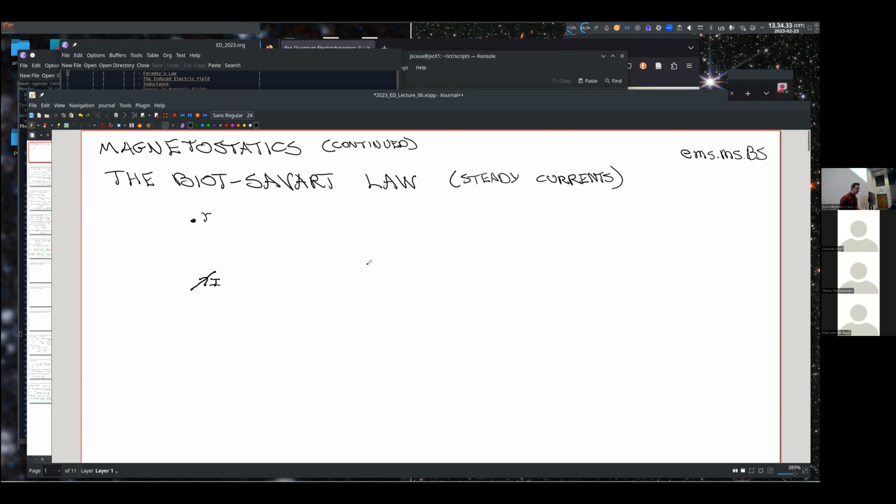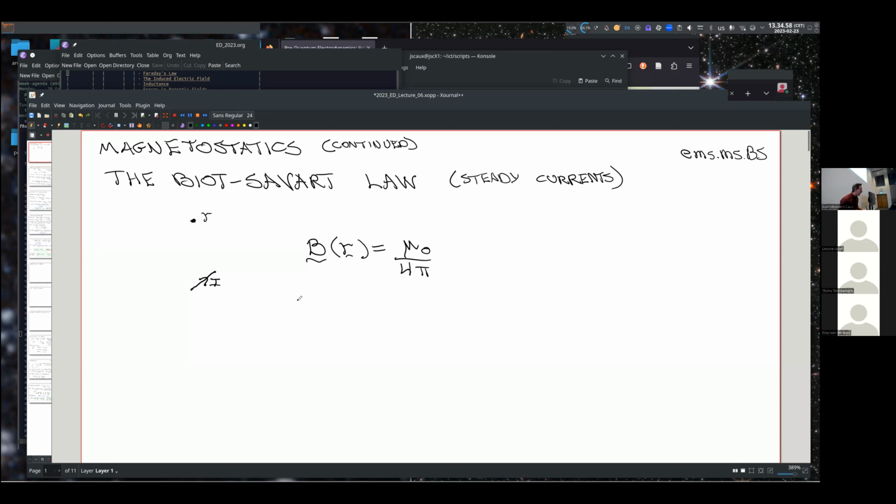And the size and orientation of this field is given by the following formula. So B measured at this evaluation point r is some proportionality constant, mu0 over 4 pi. I'll have a little bit more to say about this mu0. It's called the vacuum permeability. It's just a number at this stage.